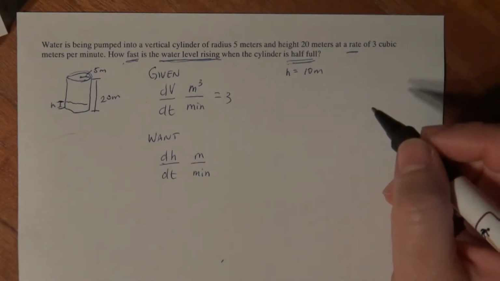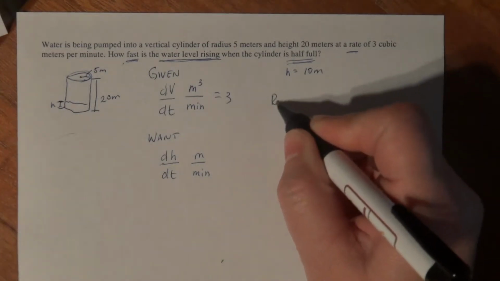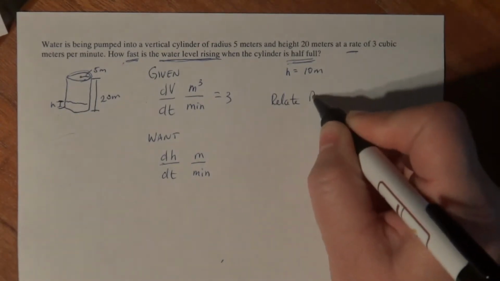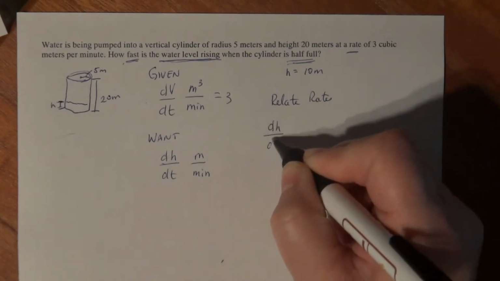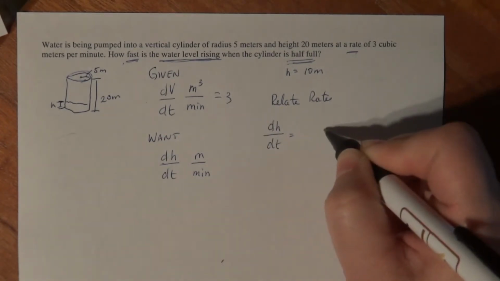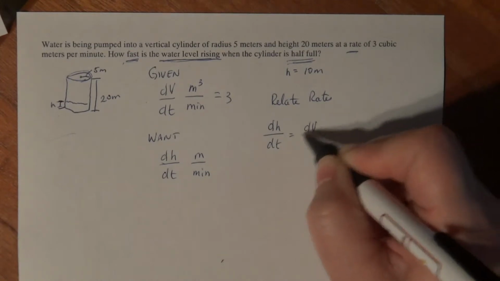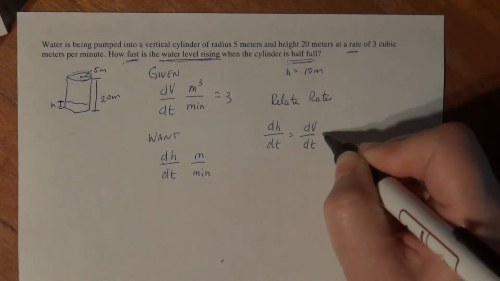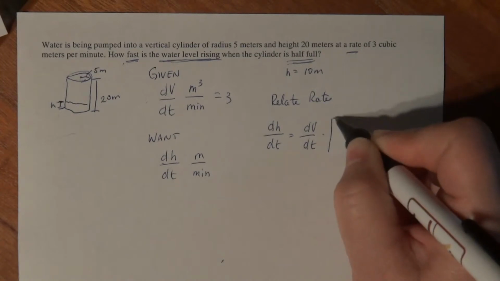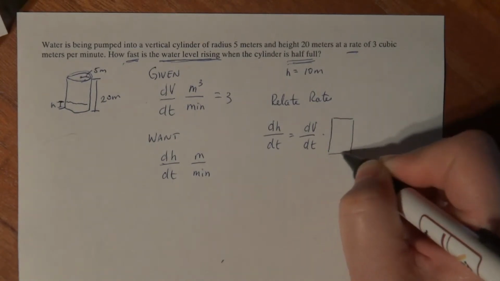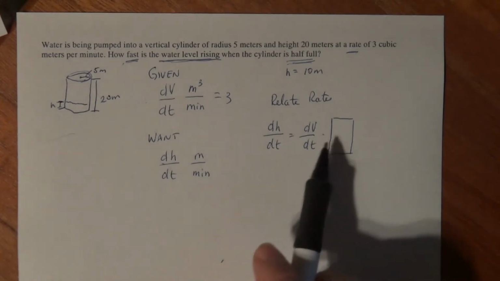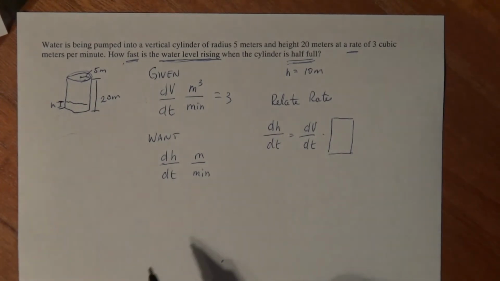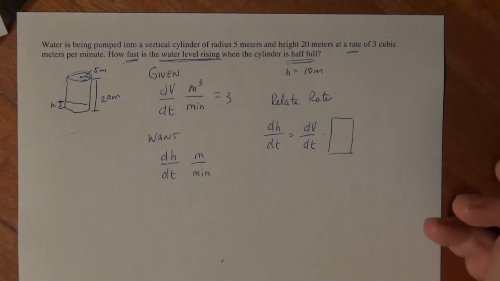Now, here's the job where we relate rates together. I think about, well, this is what I want, dh/dt, and I'm given this rate, dV/dt. I think about what rate I can multiply dV/dt by to end up with dh/dt. It's something you have to think about for a second.